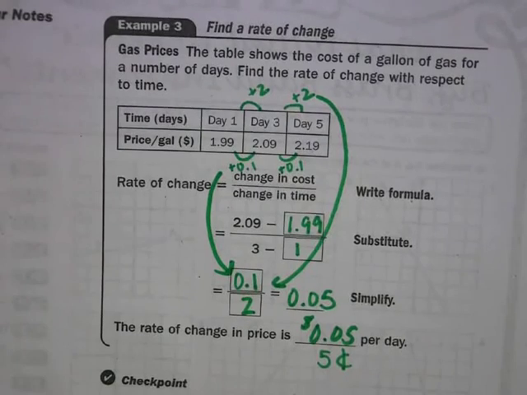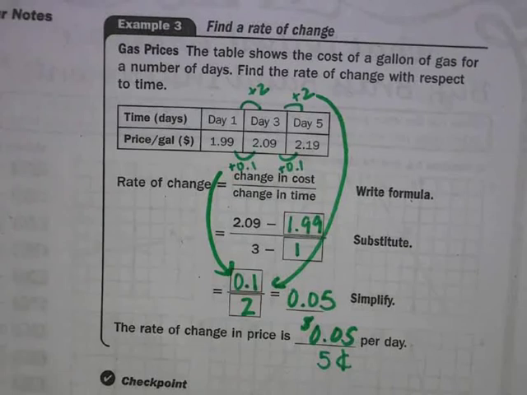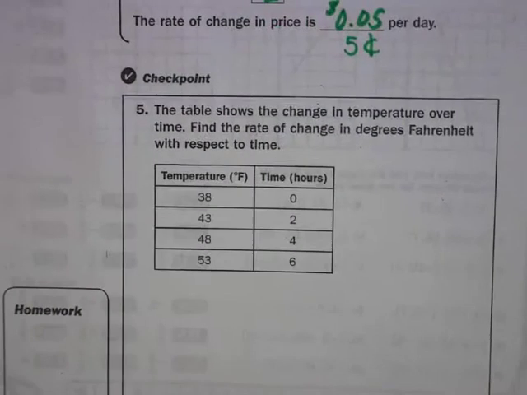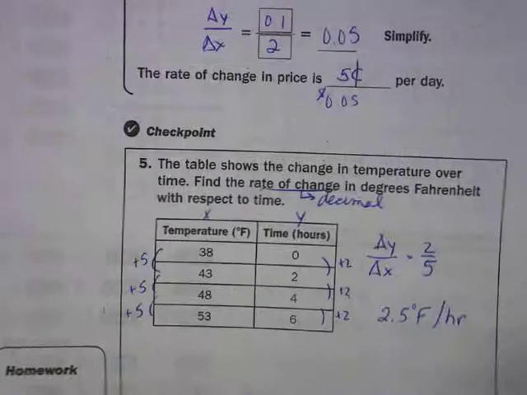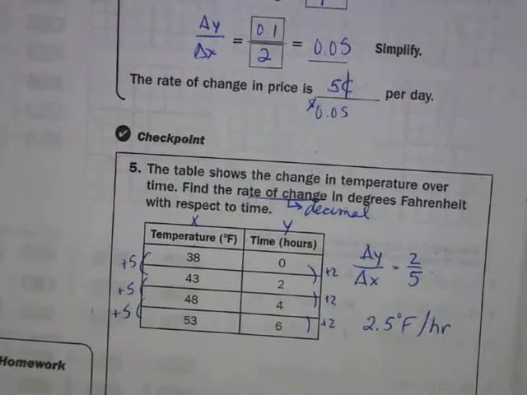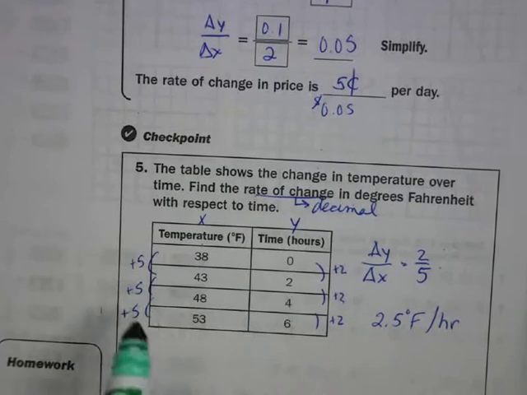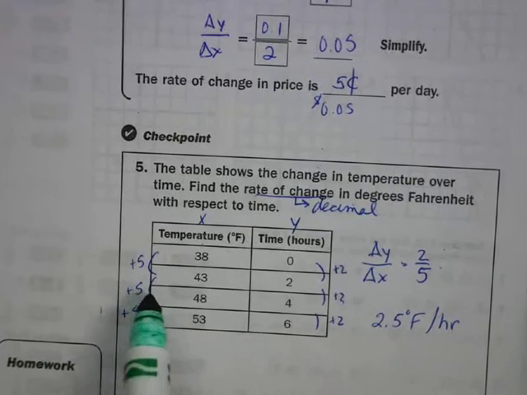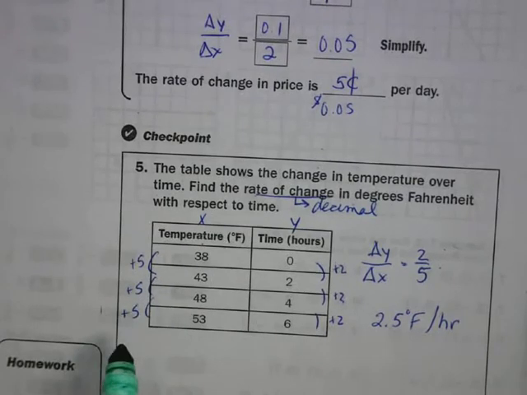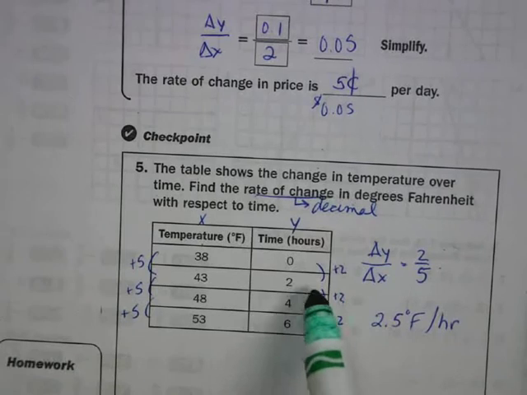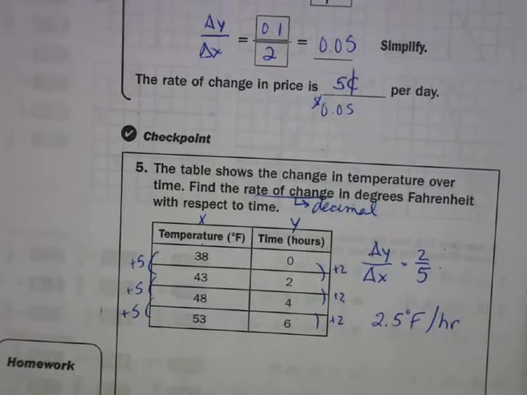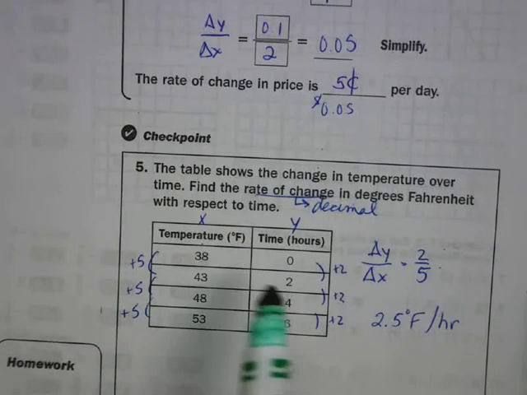All right, so go ahead right now. Pause the video and go down to number 5. See how you did on that. Okay, so number 5, our answer here. I did not use the formula for slope, but you certainly could have. I used the table, and I knew that my temperature was growing by 5 degrees each day. My time was going up by 2 hours each time, for temperature, each hour, for every 2 hours.